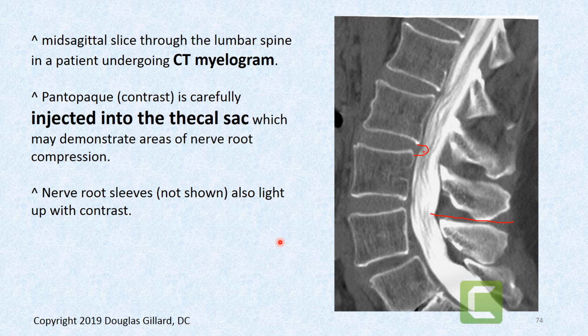And we don't really order those because you can see these on MRI, but the nerve root sleeves, when the nerves bud off like this and then go out, the contrast fills up the nerve root sleeve as well. And so you can see, MRI sometimes misses little herniations that are far lateral. And you can see compression of the nerve root in a CT myelogram where sometimes it's missed on MRI.